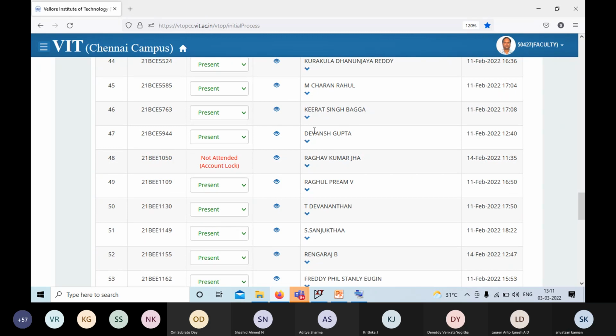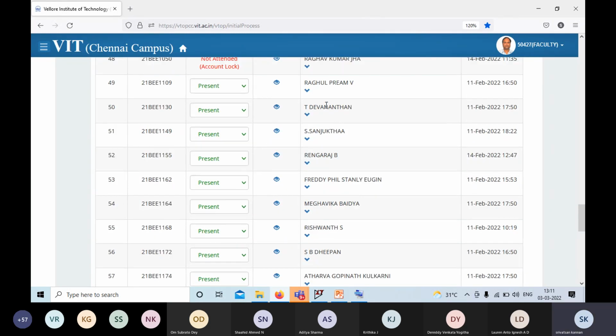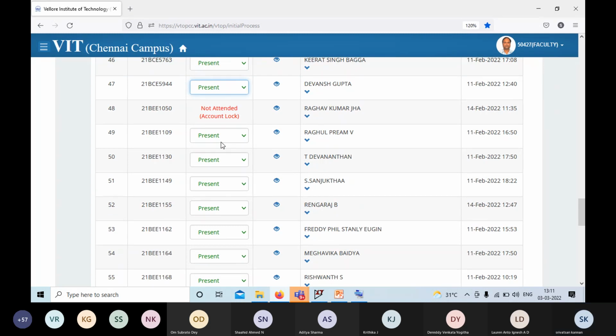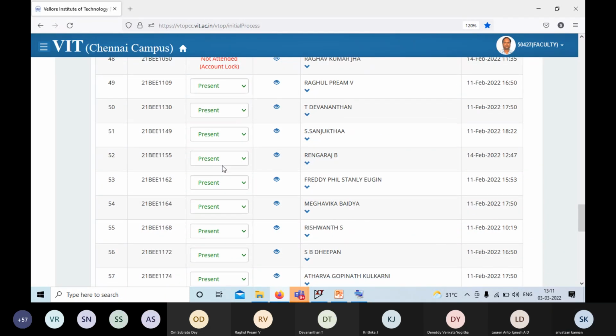Kirat Singh, present, sir. Devansh Gupta, present, sir. Rahul Prem, present, sir. Devanathan, present, sir. Sanjukta, present, sir. Rangaraj, present, sir. Stanley, present, sir. Freddy, yes, sir. Okay, present.